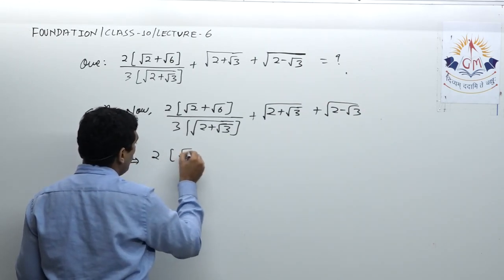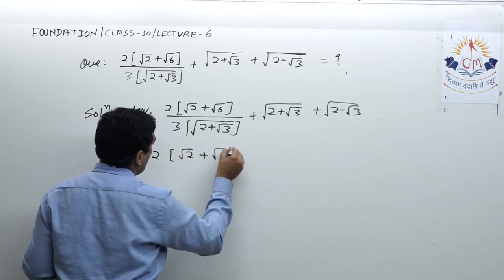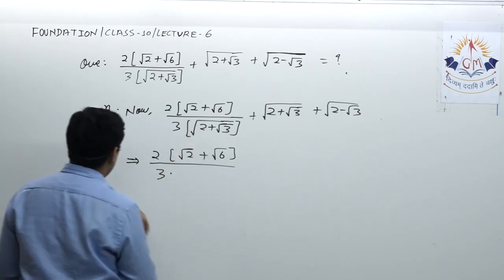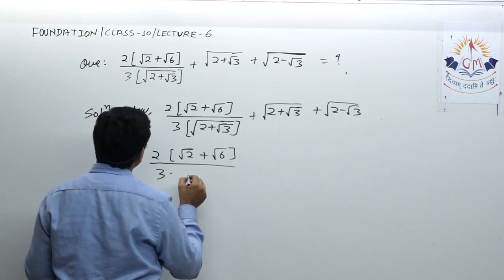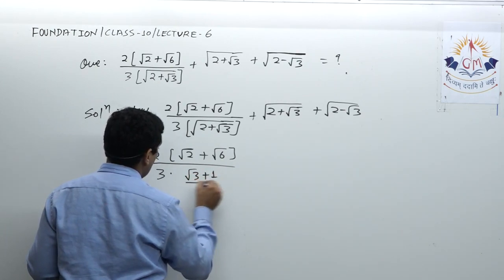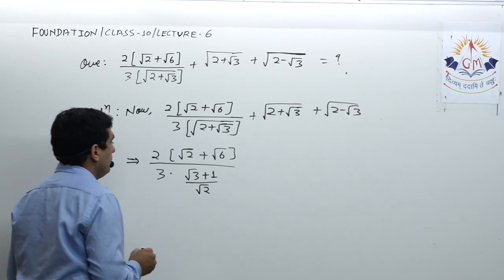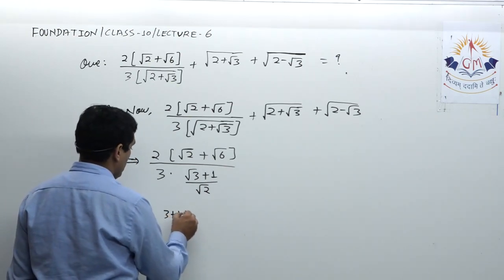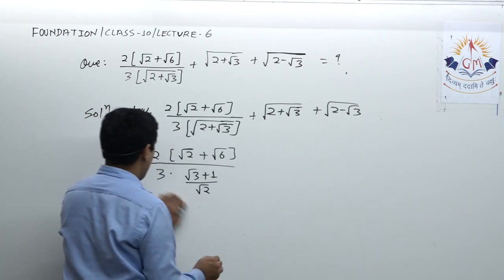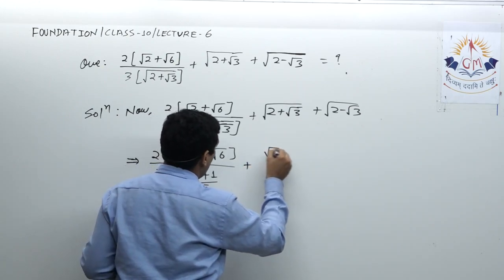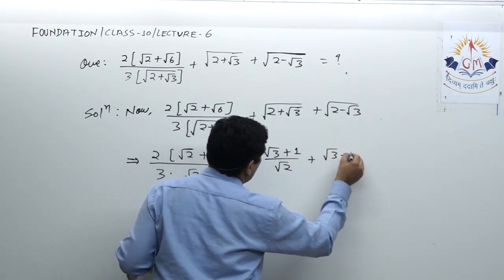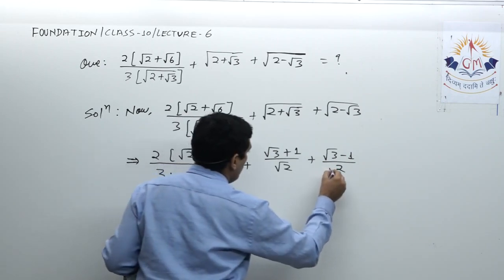It was root 2 plus root 6, and in the denominator it will be 3 into, now it was root 3 plus 1 upon root 2, plus over here it should be root 3 plus 1 upon root 2, and over here it should be root 3 minus 1 upon root 2.